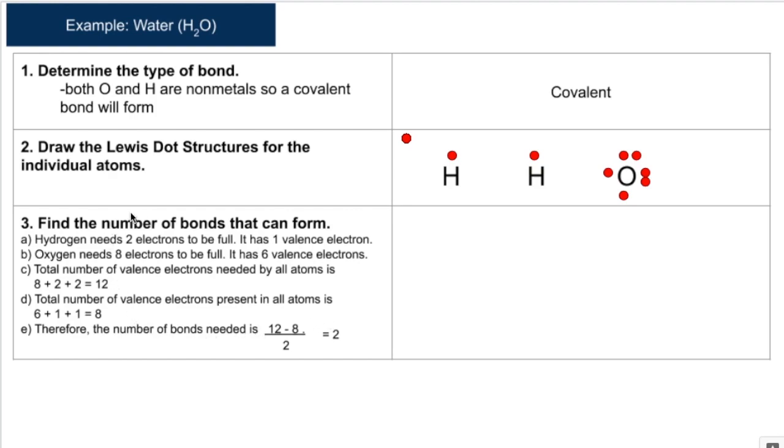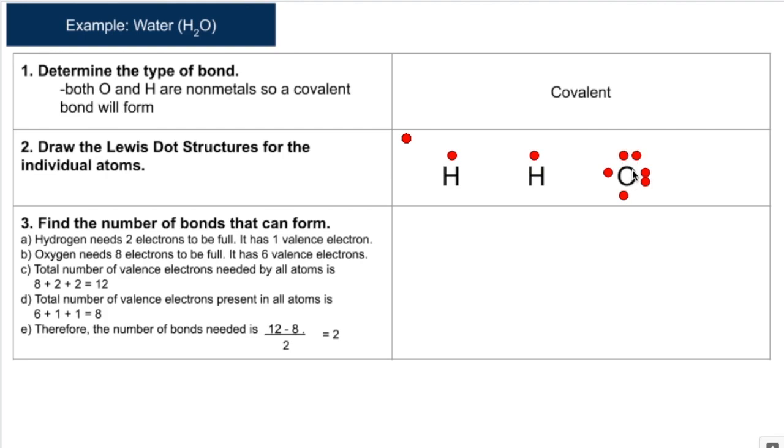The important reason why we do it this way is because sometimes you're going to have atoms that are going to share more than just one pair of electrons, okay? It can form what is called a double bond or a triple bond, okay? So that's why you need to calculate the number of bonds, because you might have, for example, an oxygen and an oxygen, okay?